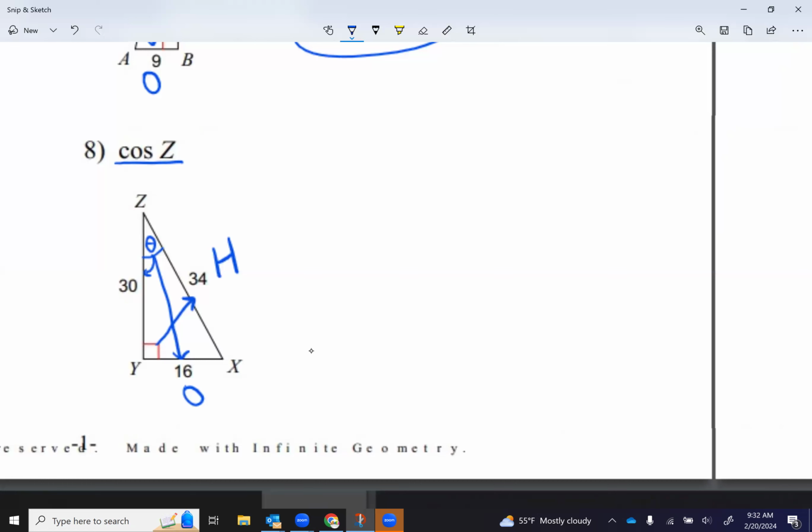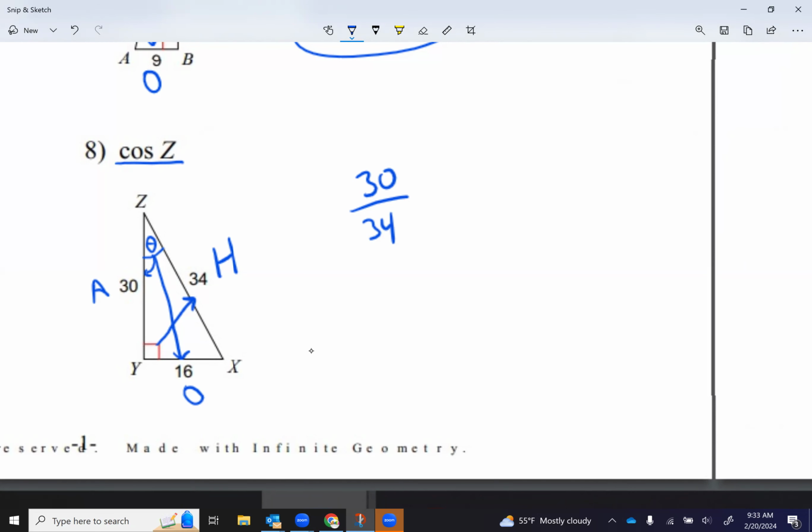Close to theta, that's what I call adjacent. Now remember, it's asking me for cosine of z. According to my table, cosine was adjacent over hypotenuse. So in this case, I'm going to go 30 over 34. And then simplify if possible.